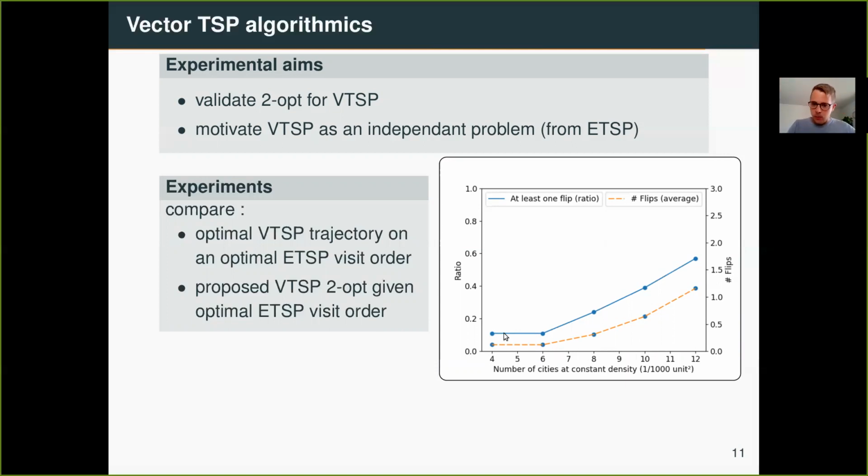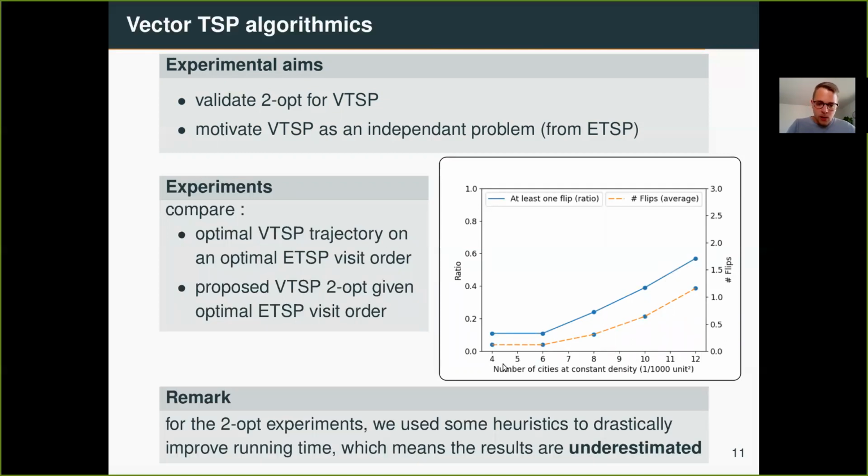This one as well seems to go really up. We really wanted to see what's beyond, but it's very hard to compute. As a remark, we used some heuristics on our 2-opt, which may be losing optimum. This means that the results are actually underestimated, so the blue bars are actually maybe higher.